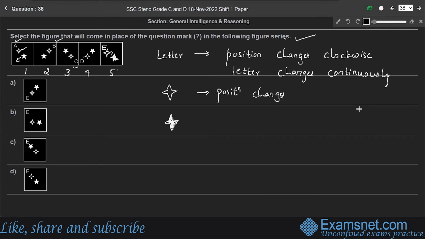Therefore, look at the options now. Option D is nothing but the fifth figure. Here shaded and non-shaded star marks are changing their positions continuously in clockwise direction. Therefore, option D is the fifth figure.